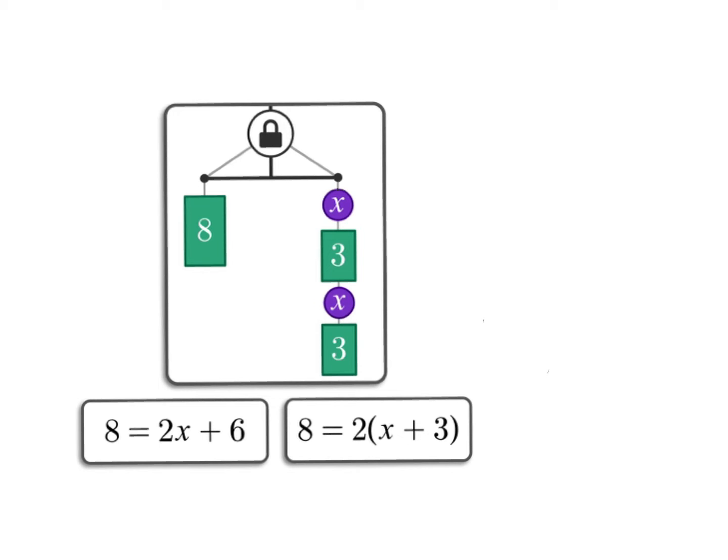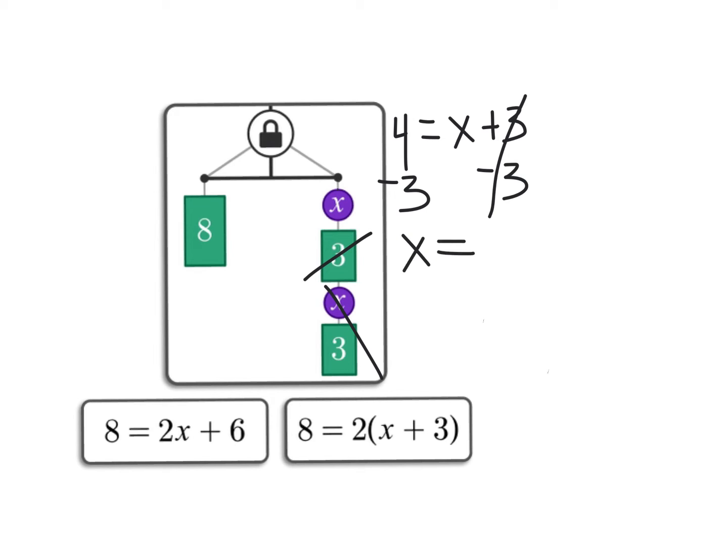If I divided this in half, cut it in half, that gets rid of that, and I have x plus 3 on the right hand side, and on the left hand side I have equal to 4. And now if we subtract 3 from both sides, we get x equal to 1.